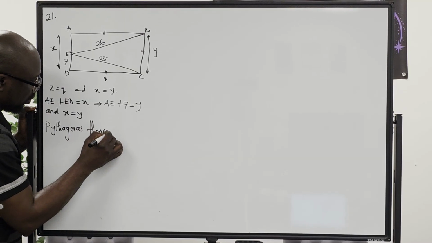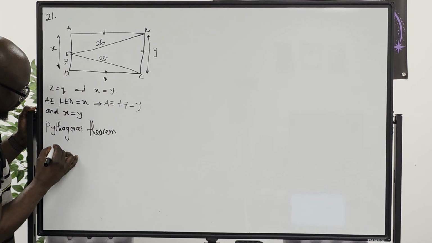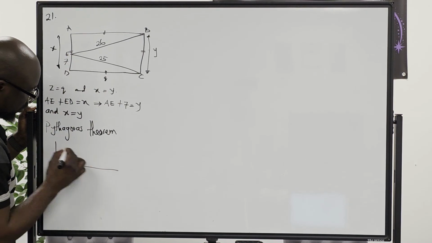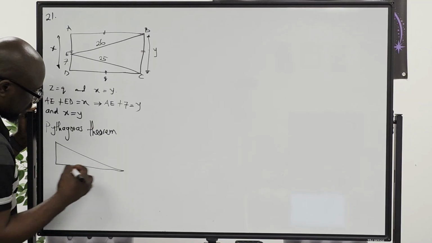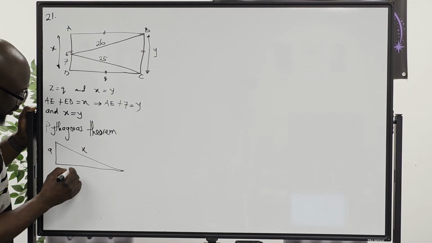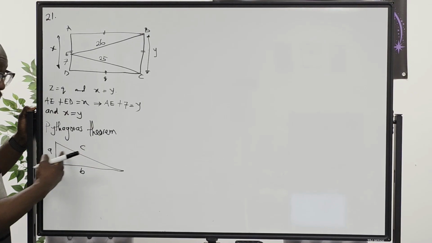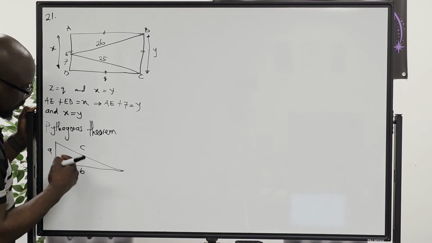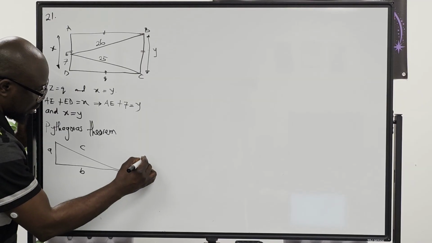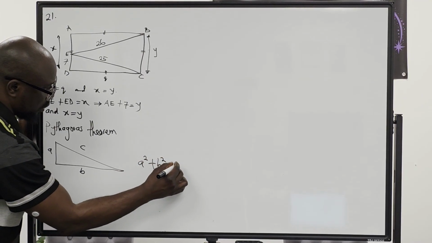It says that when you have a triangle like this, let's call this X, let's call this A, let me call this C. Anytime you have a triangle like this, the square of A plus the square of B will be equal to the square of C.